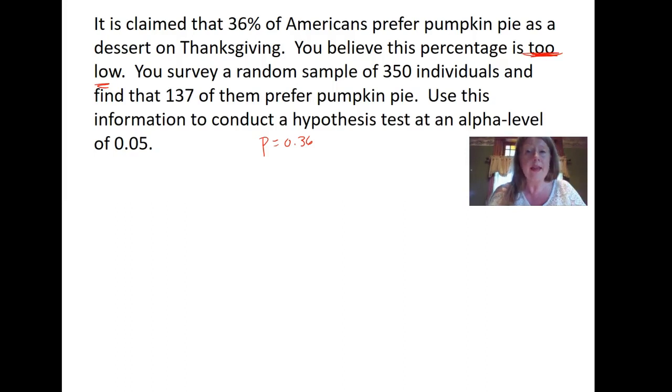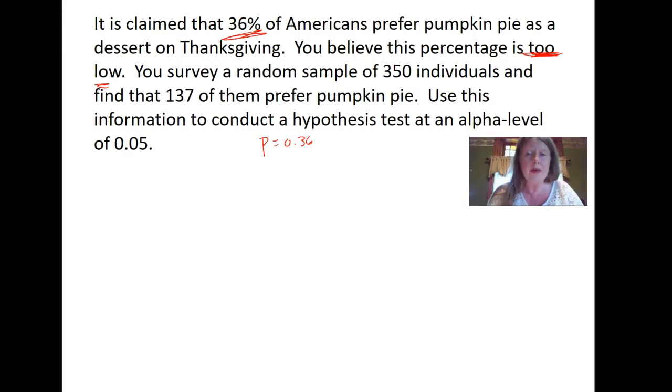I believe the claimed percentage is too low. So I actually think something higher than 36% is what's really going on. So again, look for those keywords to help you figure out what your alternative hypothesis should be.